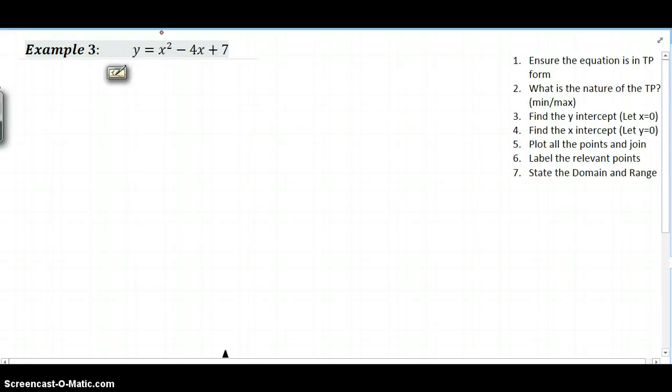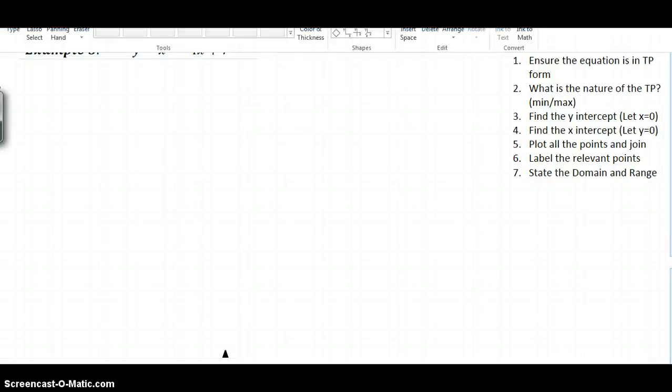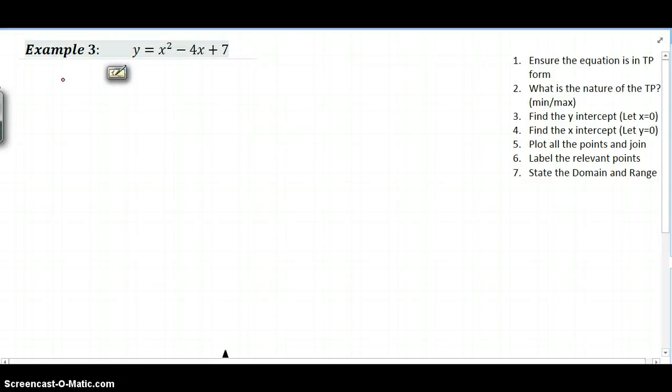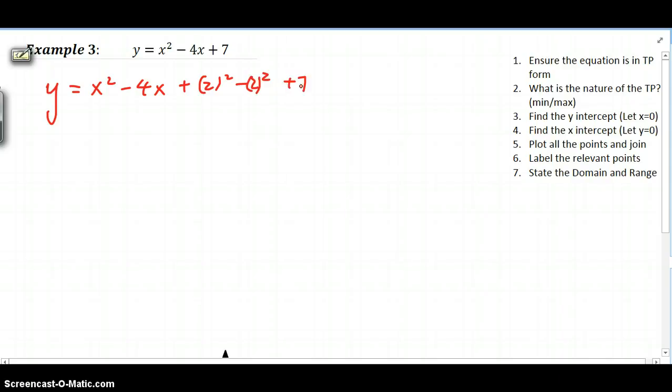This last example that we have is a bit more unique compared to the other examples. So let's start off just by doing the questions. So one, we need to ensure that the equation is in turning point form, so let's complete the square for this. So this becomes y equals (x - 2) squared minus (2) squared plus 7.